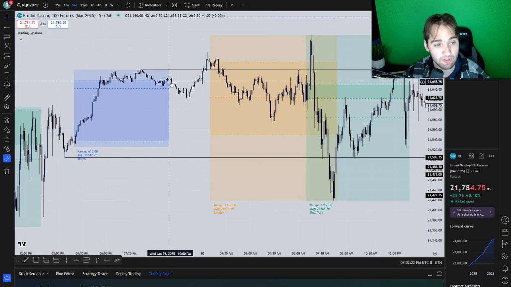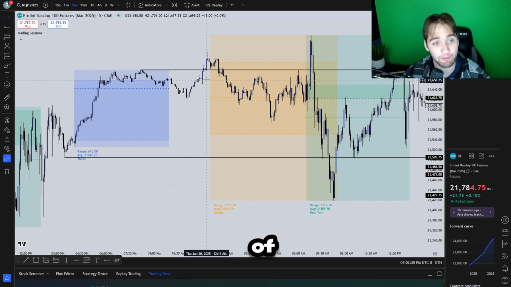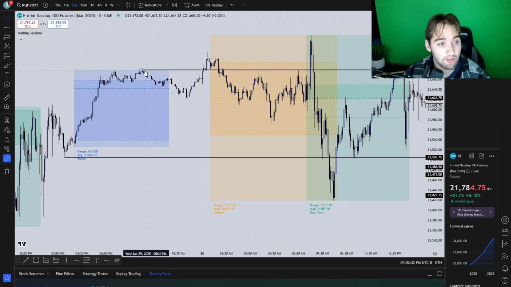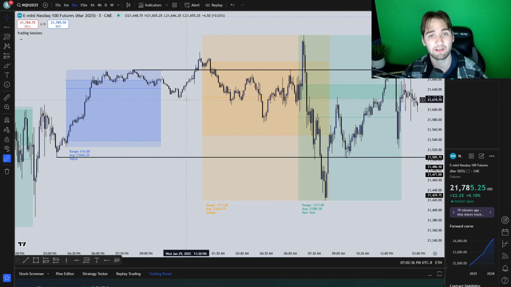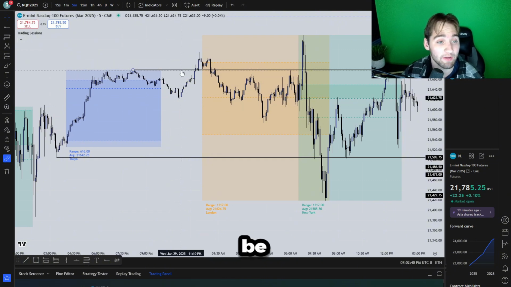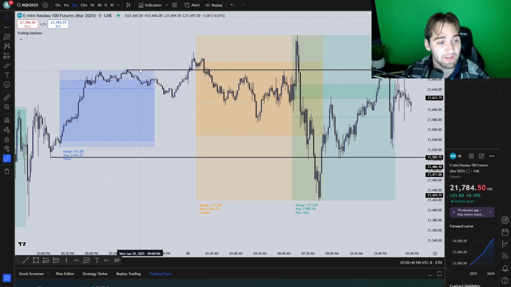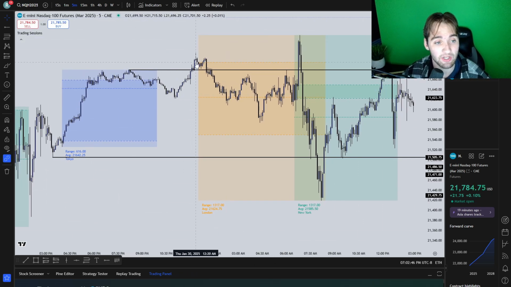After Tokyo closes, price identifies liquidity, which is these highs that we marked out. So price retraces back to that area, sweeps liquidity, and reverses. It sounds a little confusing at first, and as a beginner it will be confusing, but simply, liquidity is just a previous high in the markets that price got to.